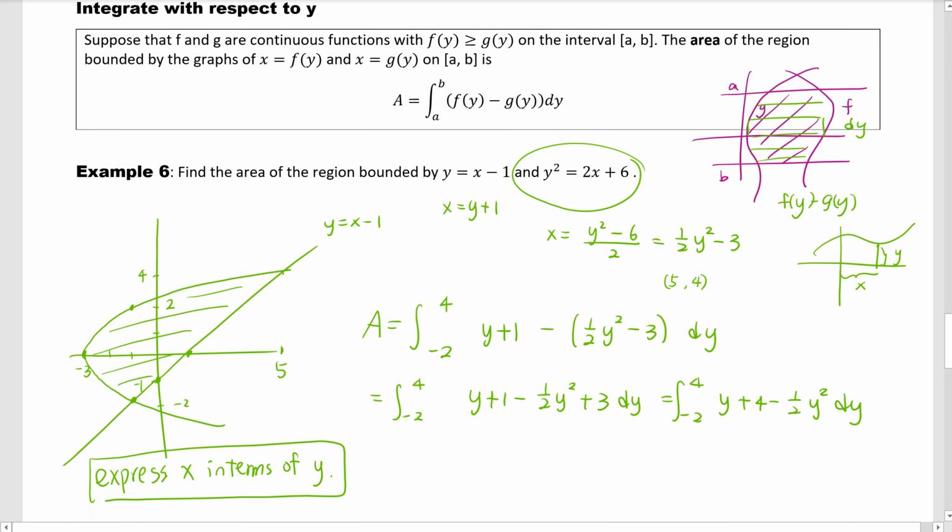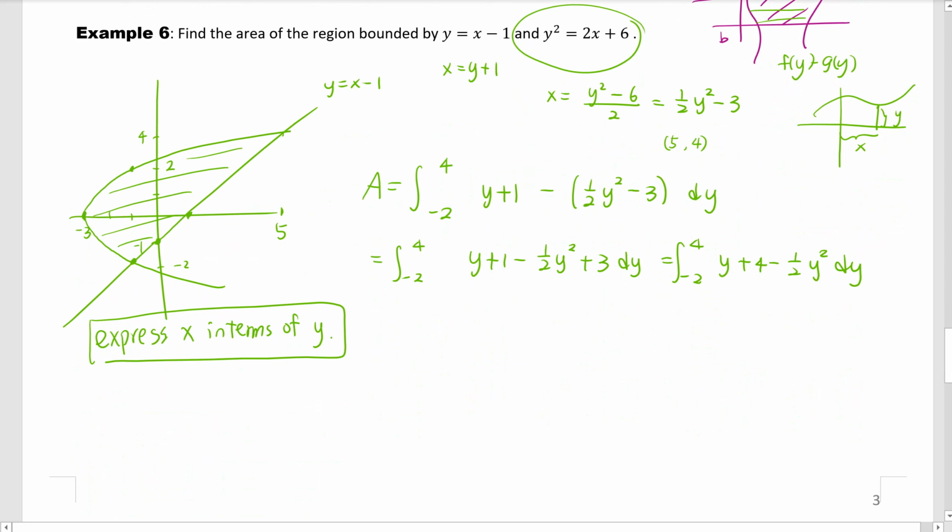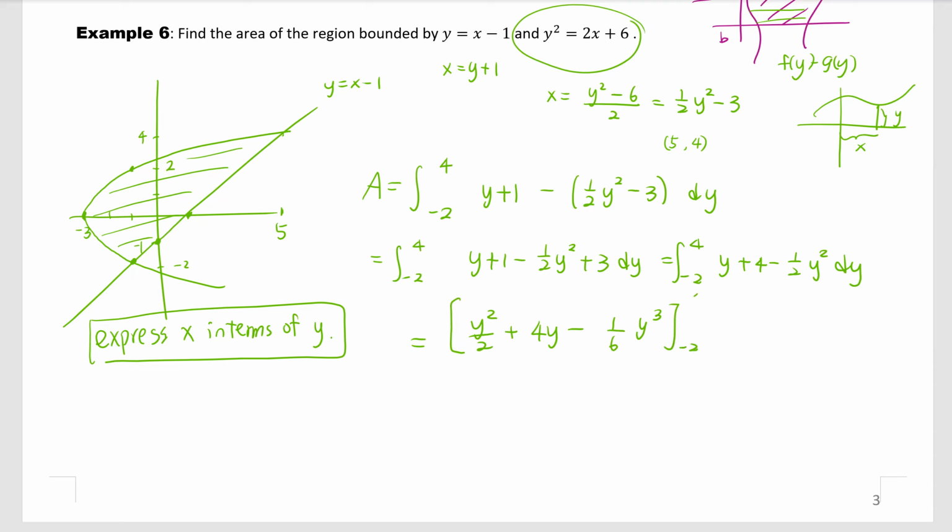Okay, let's continue. So that equals the integral of y squared over 2, 4y, and y cubed divided by 3, so 1 over 6. We evaluate from -2 to 4.